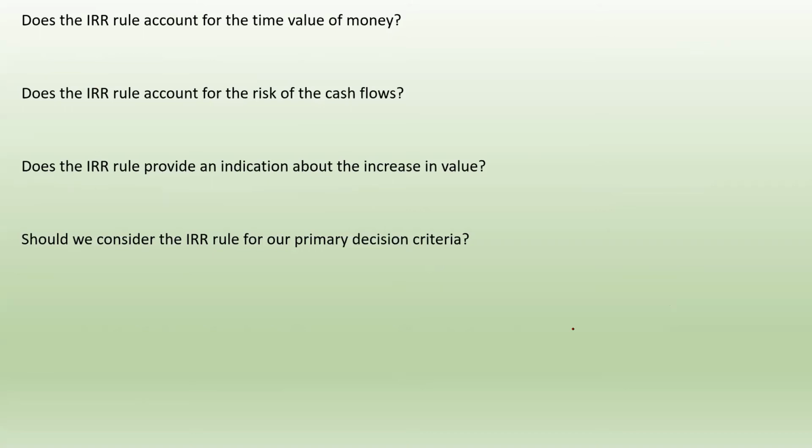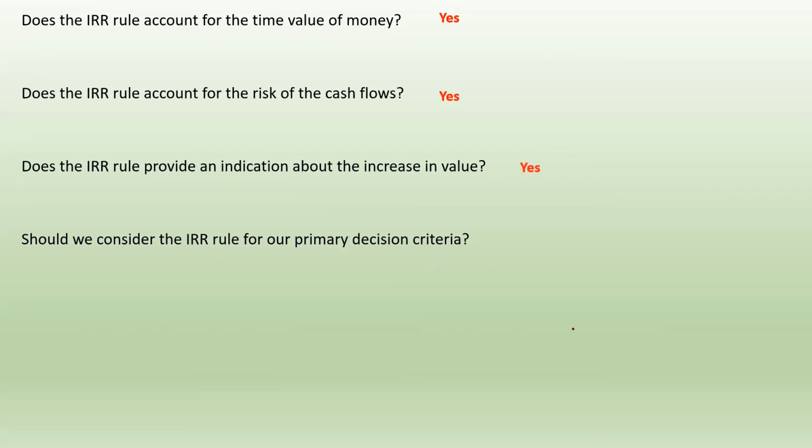Some questions related to IRR. Do the IRR rules account for the time value of money? Yes. We also discount cash flows to today's value. The only difference is that the discount rate is the IRR. Do the IRR rules account for the risk of the cash flows? Yes. The risk is reflected in the IRR here. Do the IRR rules provide an indication about an increase in value?